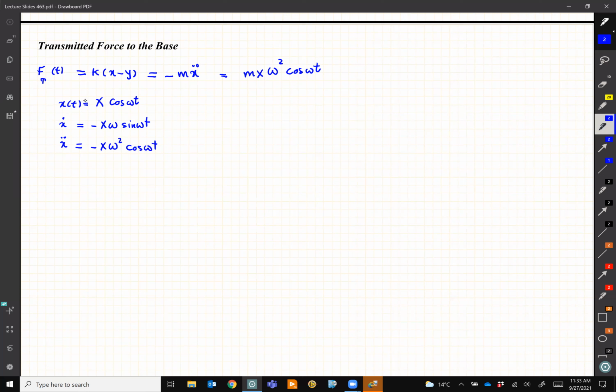So this is the force between the mass and the base, or the force that's being transmitted to the base. Like always, we care about the magnitude of this force. So I would say Ft, the magnitude, is m X omega squared. I substitute X by the formula that we found. Oh no, sorry, this wasn't F0, right?